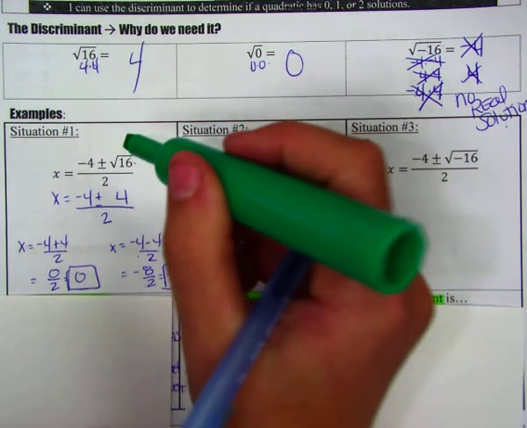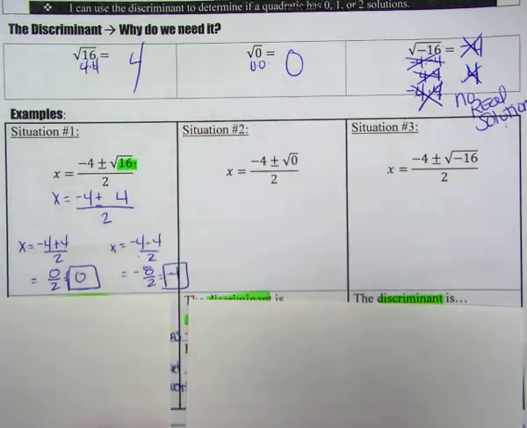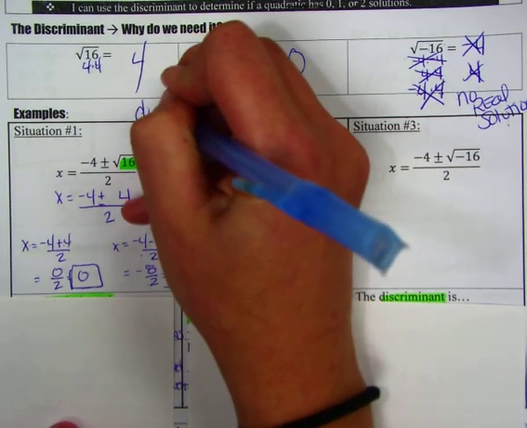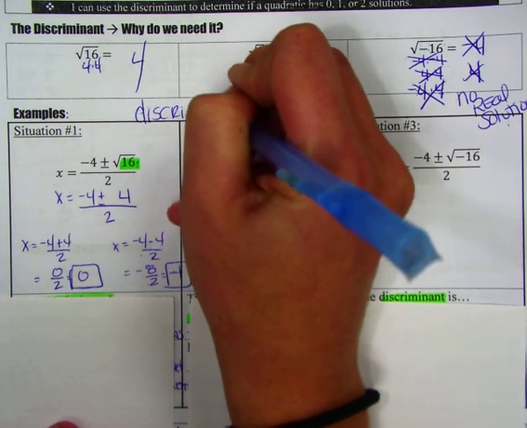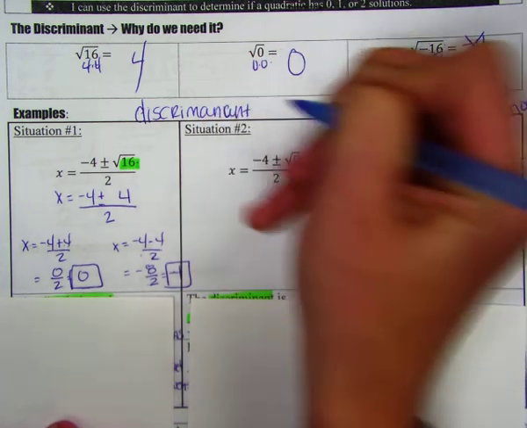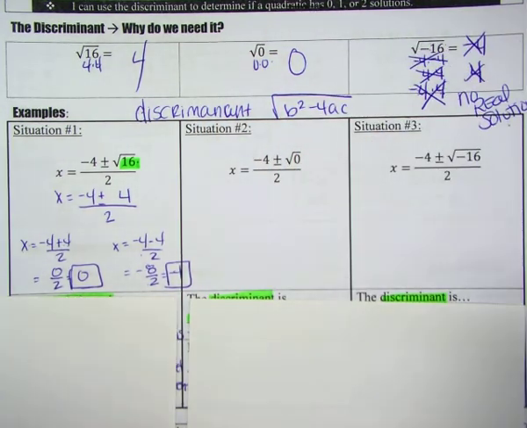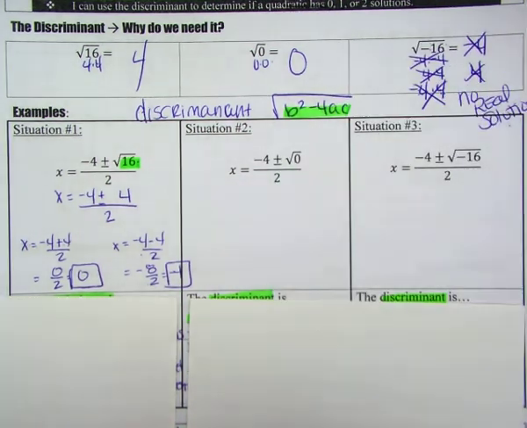The discriminant is what's underneath the square root. The discriminant is b squared minus 4ac. This value right here, that is the discriminant.